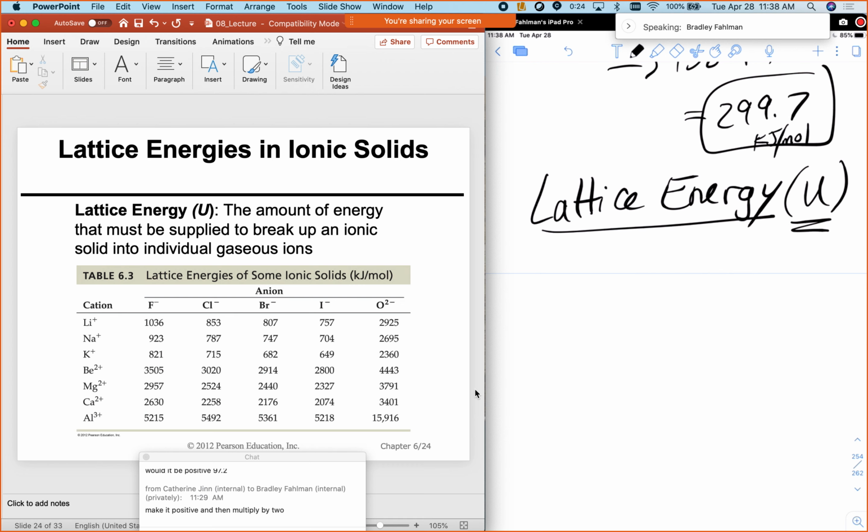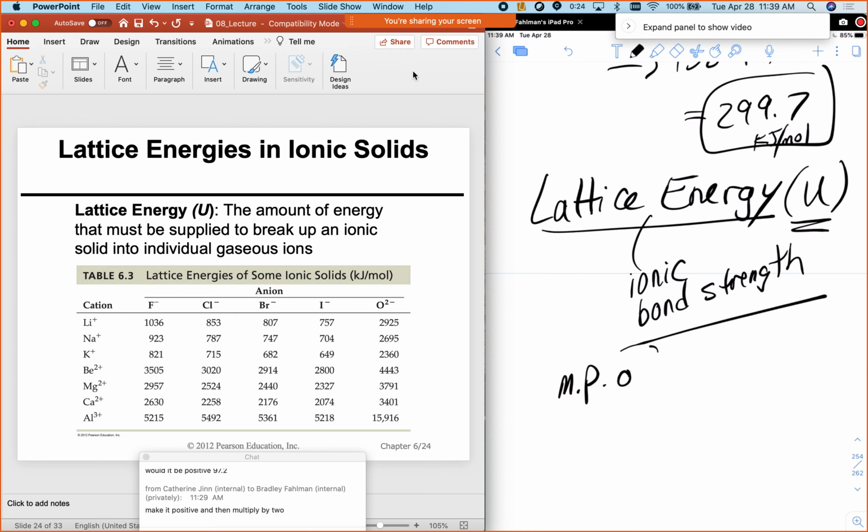So the lattice energy, why it releases so much energy, actually corresponds to the ionic bond strength. You need quite a bit of energy to break up these salts, and that's why the melting point of ionic compounds is so high, sometimes 3,000 degrees Celsius or something like that.